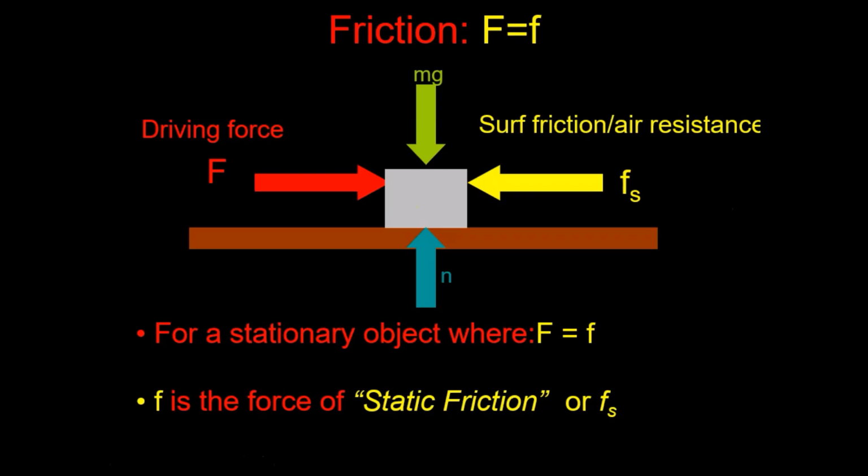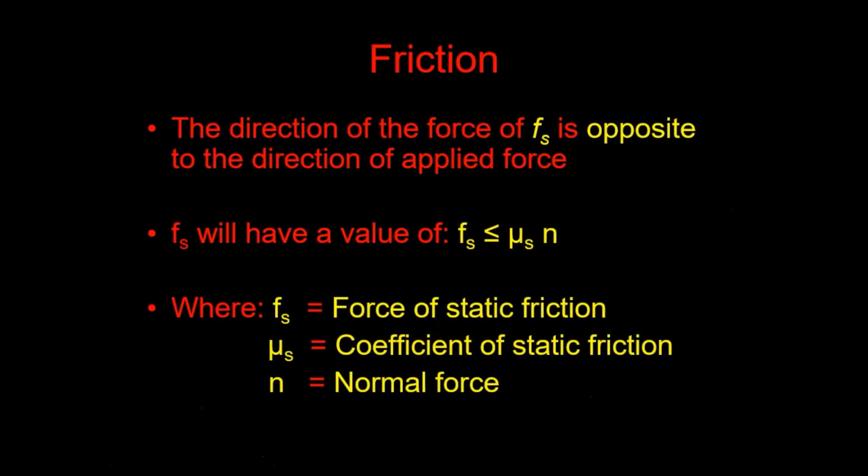And the equation is relatively simple. Fs, the force of static friction, is equal to mu times N. Mu here is a constant, a coefficient of static friction, and this is a specific value, and this value is related to the chemical bonding in each of the objects that are interacting.